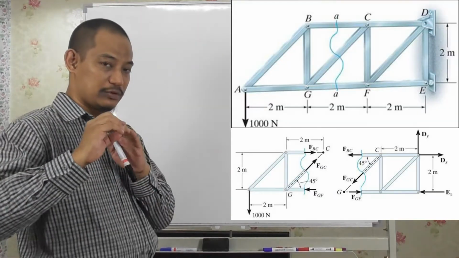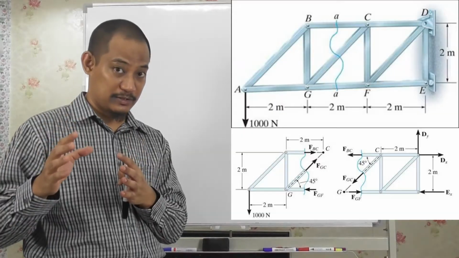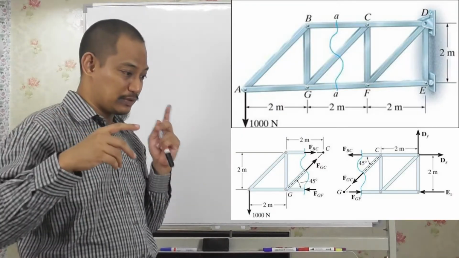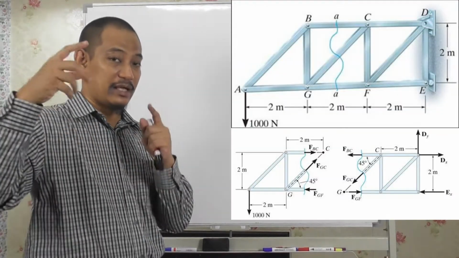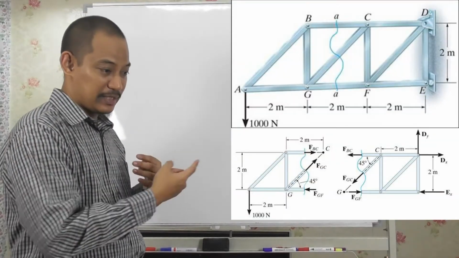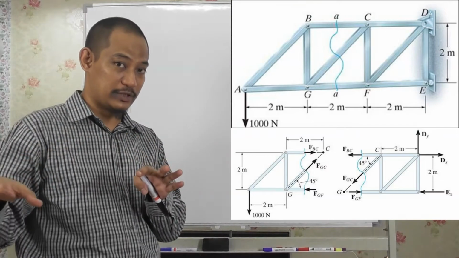So if you want to use the right side for this problem, you have to solve the support reactions first. And how to do that? You draw the full truss and use the 1000 Newton to solve the 3 support reactions first, and then go to the cut section on the right and then solve. So you actually have to solve 2 free body diagrams.